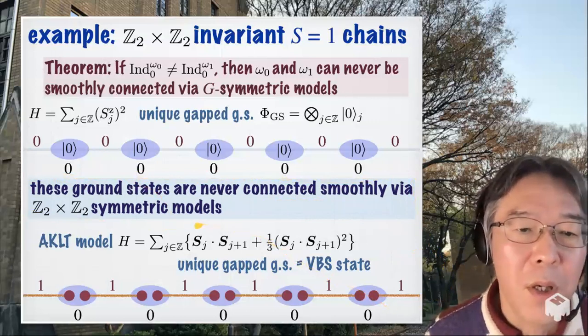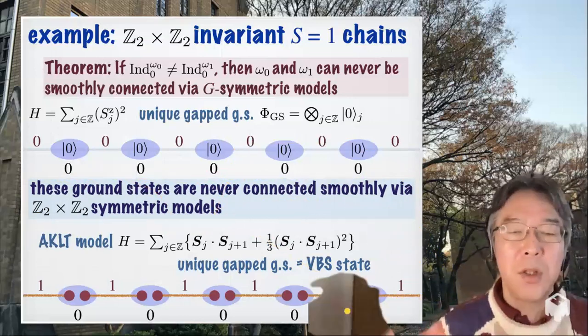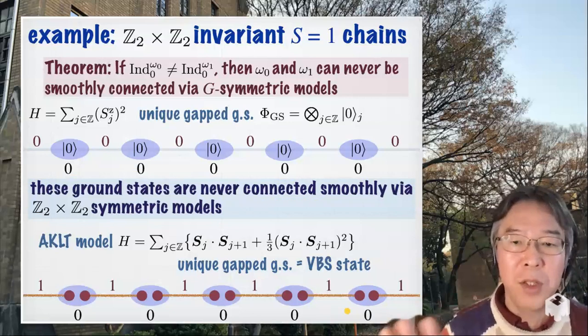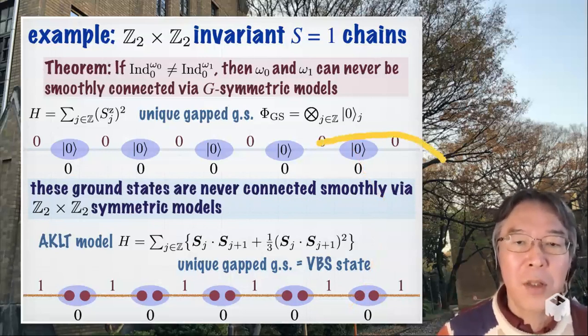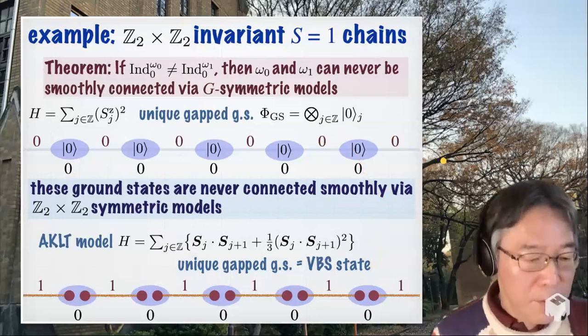But Ogata's theorem tells you that when going from here to here, you can go through any state, even states which are not matrix product states. You can even break translation invariance. You have to keep Z2 cross Z2 symmetry, but you can break the translation invariance or anything. But she showed that you can never connect them smoothly without going through a phase transition. Okay, this is very nice.